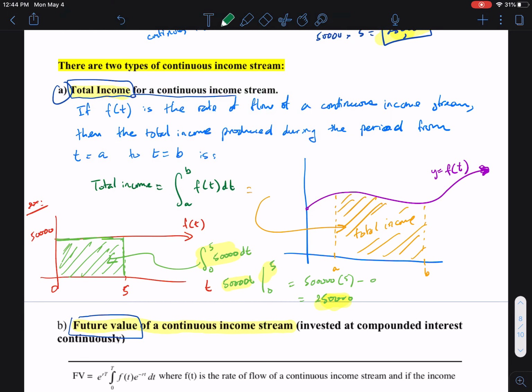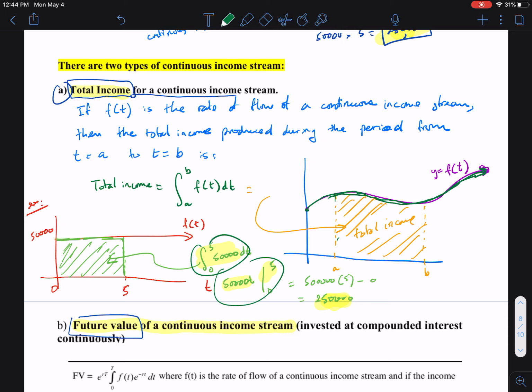It is a function that can't be calculated by just plugging in numbers, where the total area under the curve is not anywhere close to a rectangle. We have to use a definite integral. If f of t is not constant, it's harder to calculate the total income. Therefore, we need the definite integral to do this.